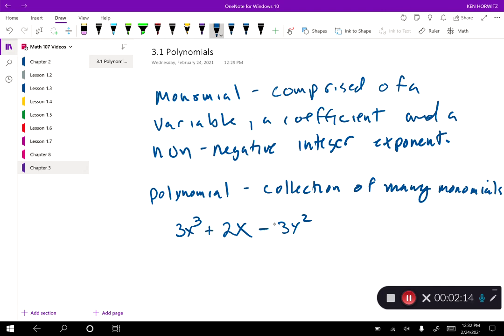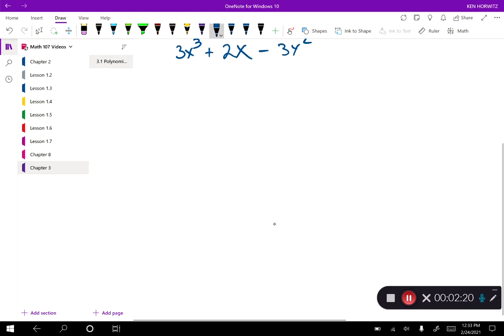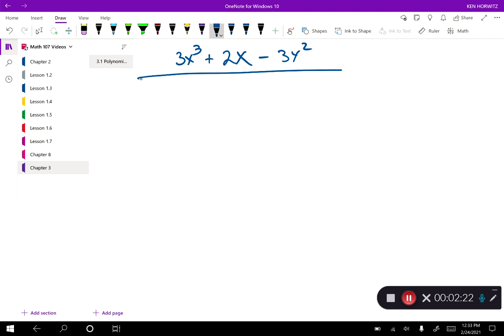If I string them together, I get a polynomial. All right, so what we're going to do now is talk about whether something is a polynomial or not. I have a couple of examples that we're going to do.